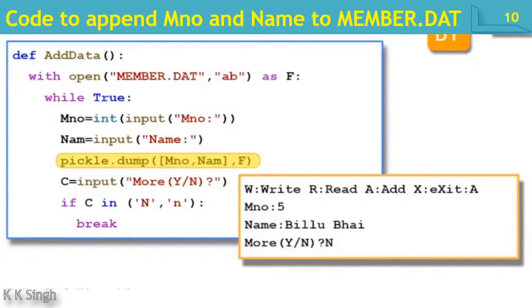In this case, I have given MNO value 5 and name Bilu Bhai, and in the end, when the statement C is equal to input more yes no is encountered, I give N, and N is satisfied here, because if C in N and n, this is a tuple, either it will be capital N or small n, then you have to break, otherwise it will go to while true.